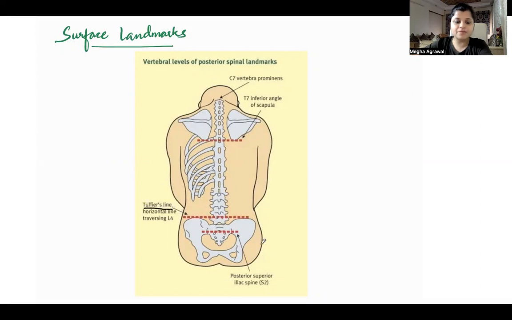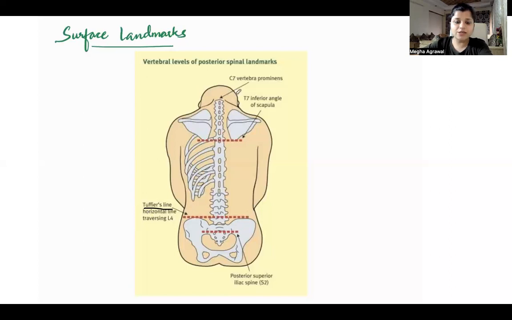It is a horizontal line which passes through the topmost part of the iliac crest. This line passes through the body of the L4 vertebra. So above it is the L3, L4 interspace, and below it is the L4, L5 interspace.